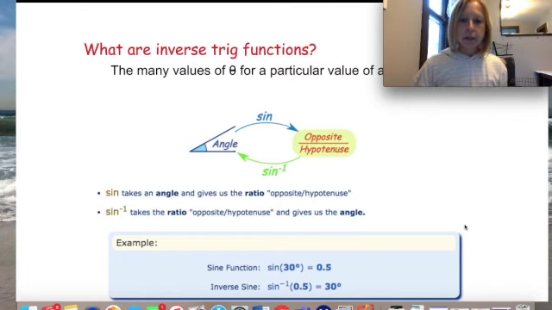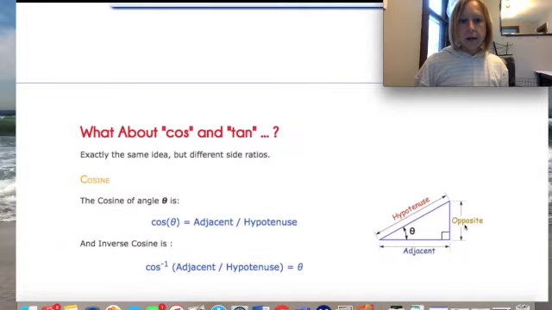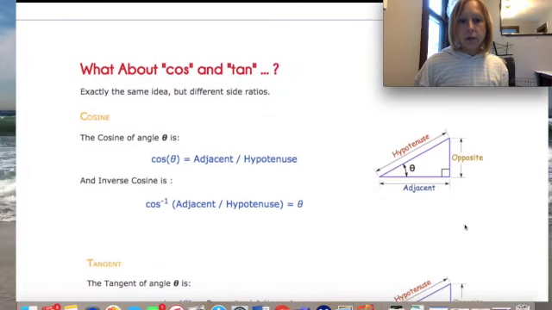You can see some examples at the bottom of your screen where the sine function would take in an angle measurement of 30 degrees and give out a ratio of 1/2, where the inverse would take in the ratio of 1/2 and give out that 30-degree angle measurement. So this is just a way for us to work backwards. This works the same way with cosine and tangent.